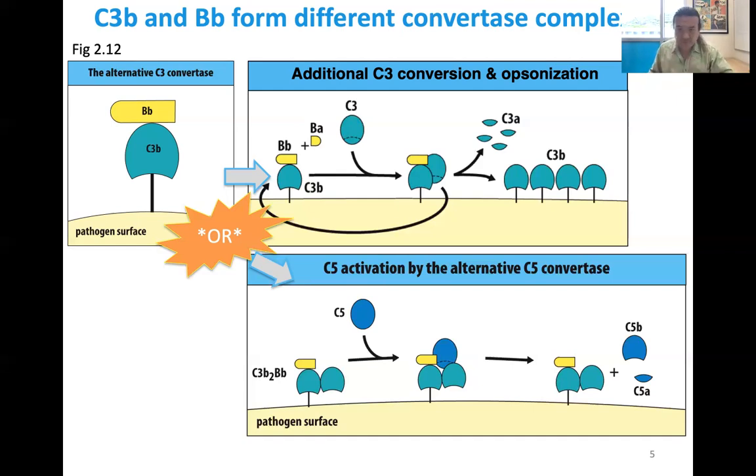Alternatively, though, another thing can happen. There's going to be a brief moment when the convertase complex, the C3b and the BB, is still hanging on to this activated C3b, right? In other words, before the C3b has attached and stuck to the surface, there is a moment when this whole complex is still together. And that's what's shown down here, right?